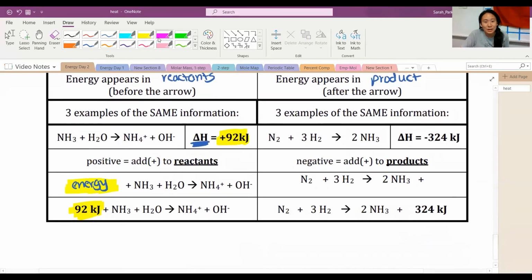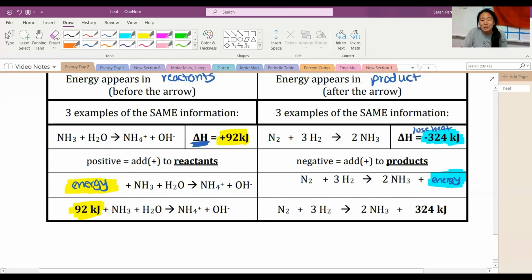So when you look here, you can see that the energy is negative. It's telling you, hey, we are losing energy. We're losing heat. Now, when you see it in a chemical reaction, you're not going to see it with a negative number. If I just write energy here, this tells me if I see energy after the arrow, I'm losing energy.